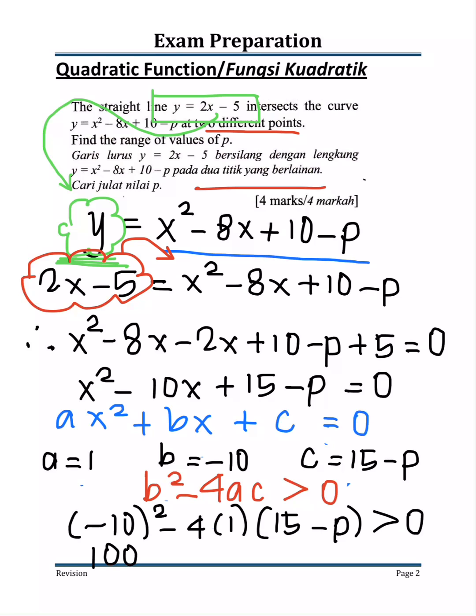You're going to get 100 tolak 60 tambah 4p lebih besar daripada kosong. So you get 40 plus 4p lebih besar daripada kosong.